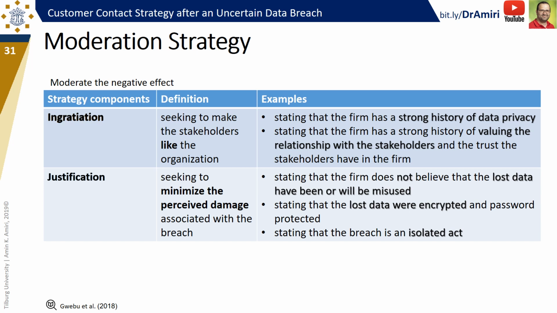Or you can say that this was just an isolated act. You don't believe that this happened at a larger scale, or is going to happen again due to the measures that you already placed in the organization.